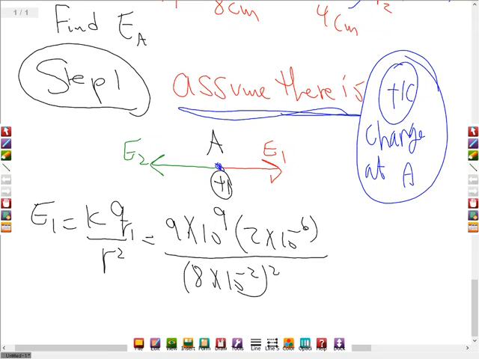Now here, 10 to the 9 minus 6, 3, plus 4 is 7. 9 times 2 is 18 over 64.